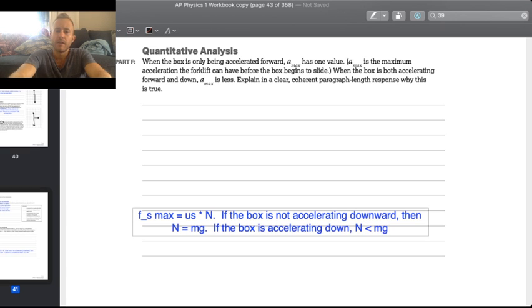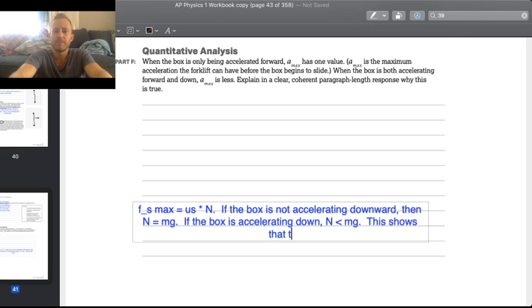Okay? This shows that the maximum friction force, or I should say the maximum static friction force, is less when the box accelerates down.